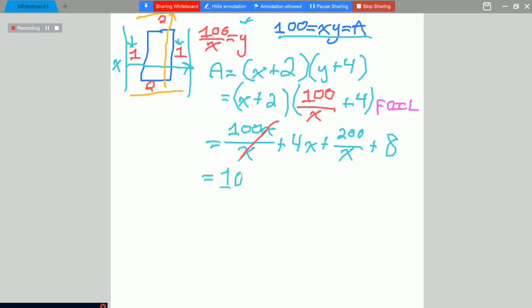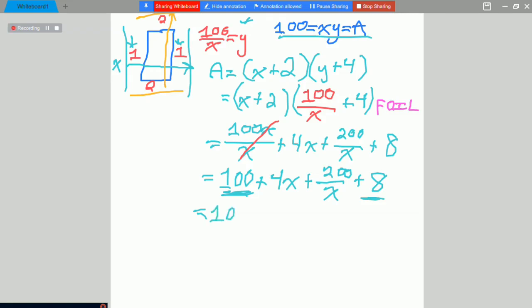It's going to be 100 plus 4x plus 200 plus 8. And this 8 could actually be combined with the 100 here. So that 8 and this 100 are the same. You could combine them pretty much.